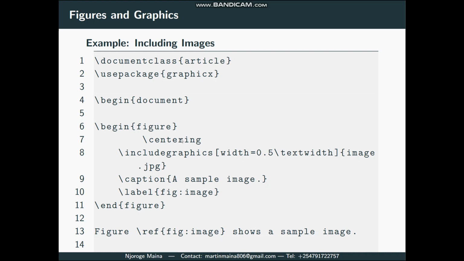Now in this sample document, we want to create a document that has images. We want to include an image that maybe we took a snapshot of somewhere else, and we want to include it in our document.